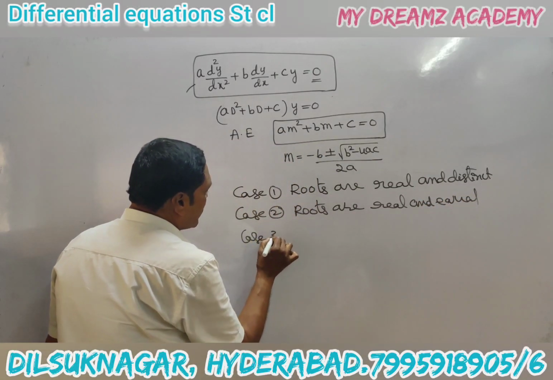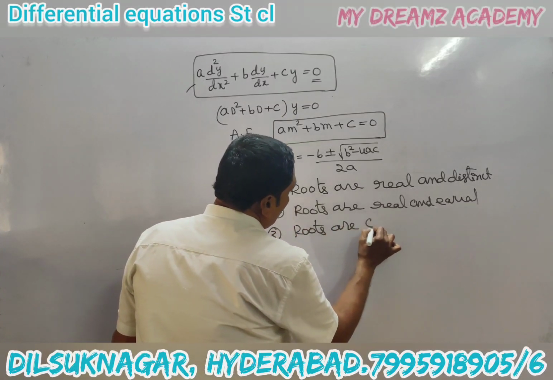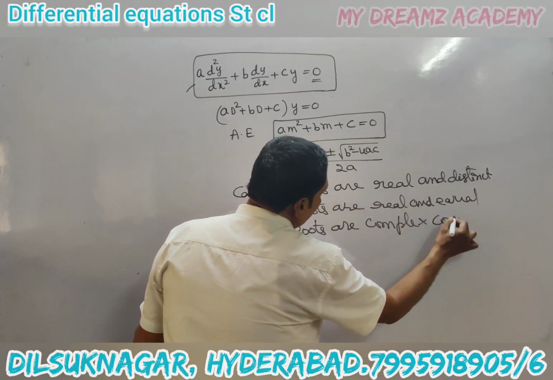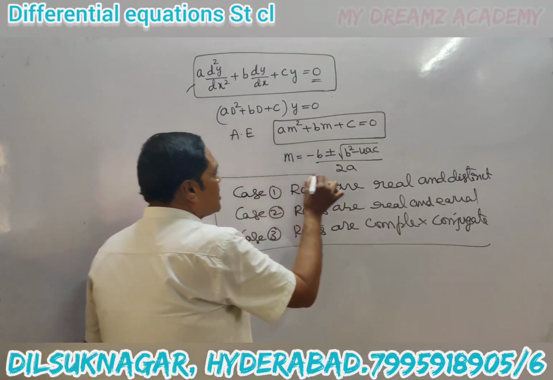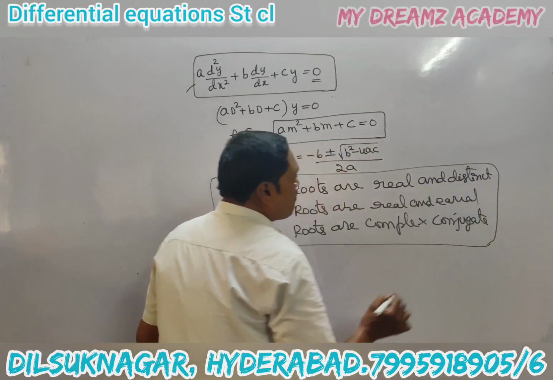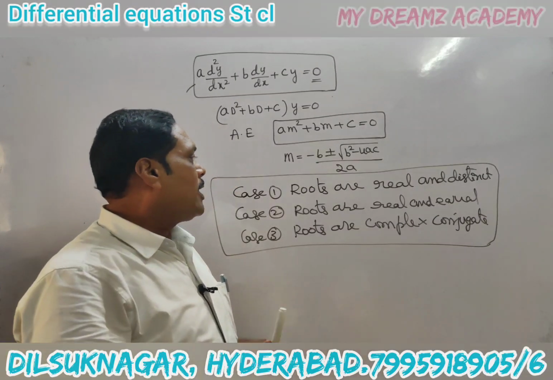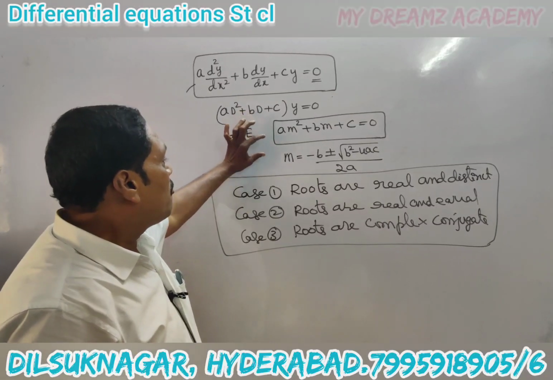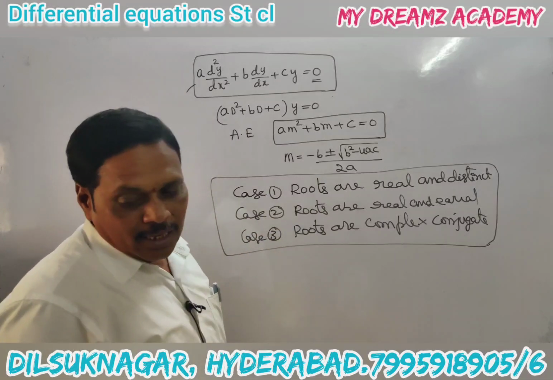Case 3, roots are imaginary, that is complex conjugate. Now for these 3 different cases you have different solutions. If you remember the formula, first you write the auxiliary equation, find the roots, and according to the case you write the solution.